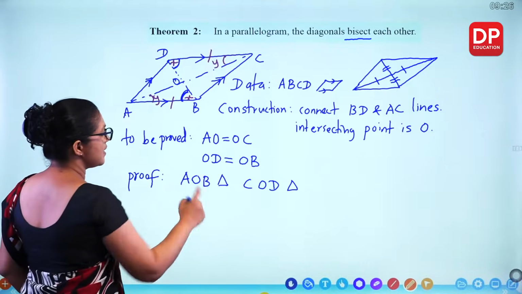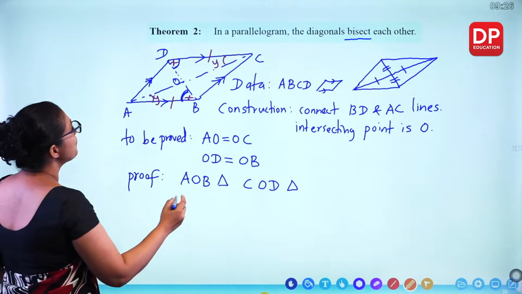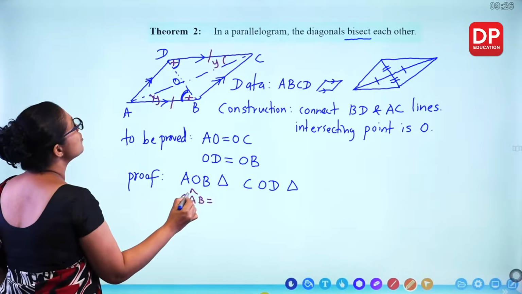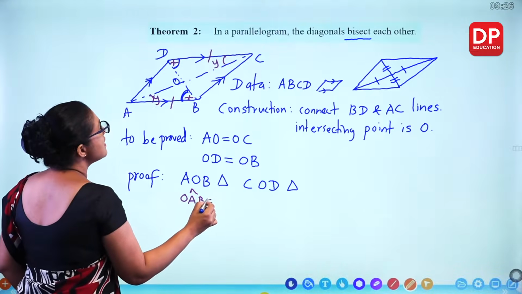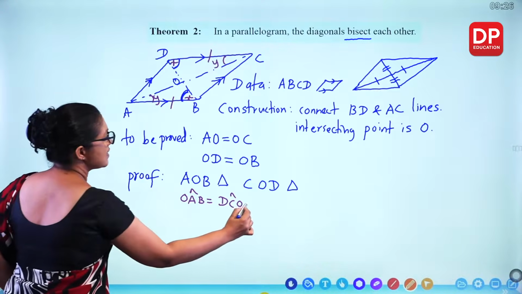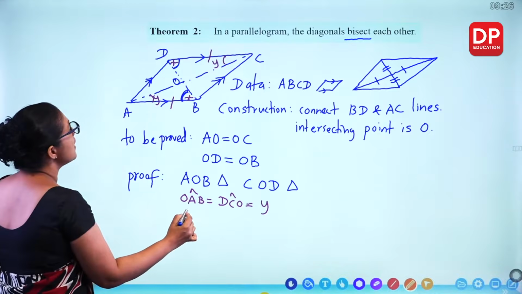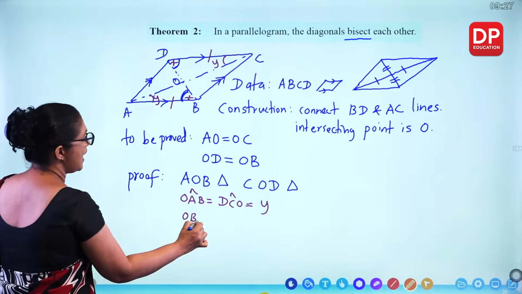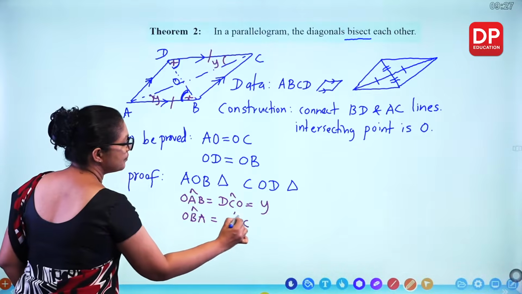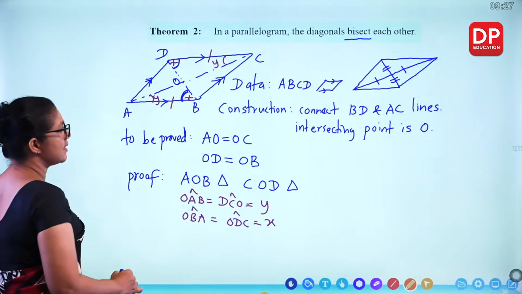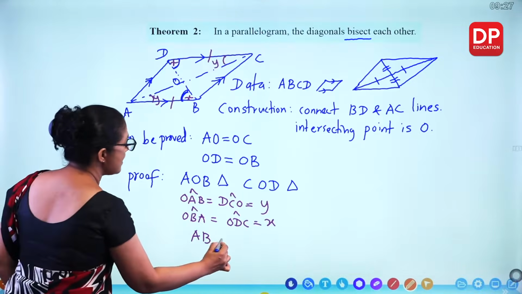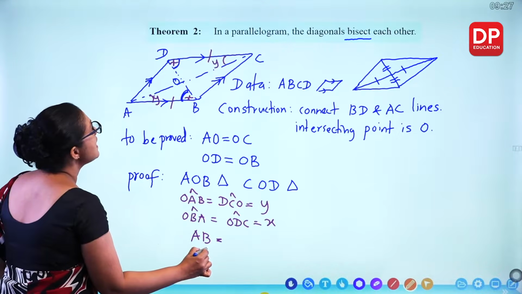I can write from these two triangles, OAB angle is equal to DCO angle, that's Y, as well as OBA angle is equal to ODC angle, that's X. And also I can write AB length is equal to CD length.